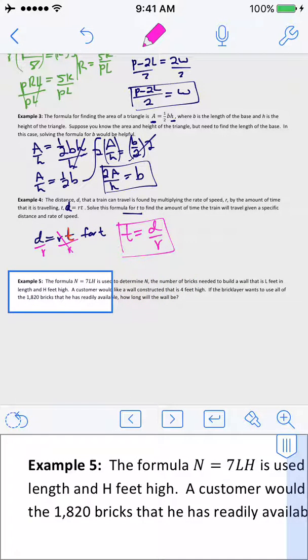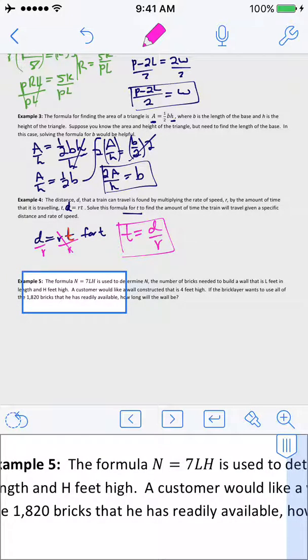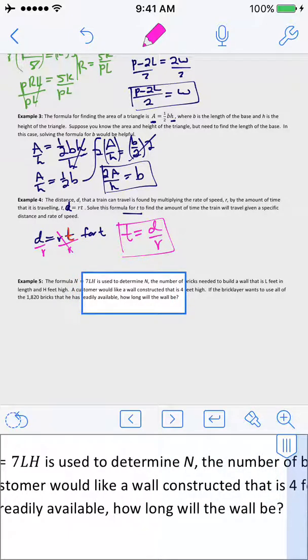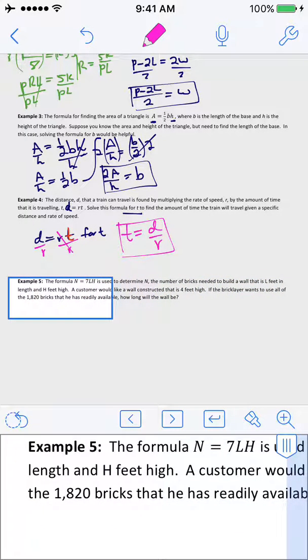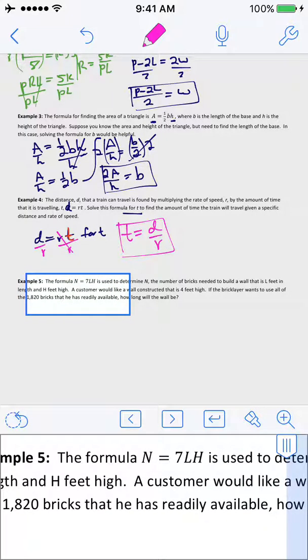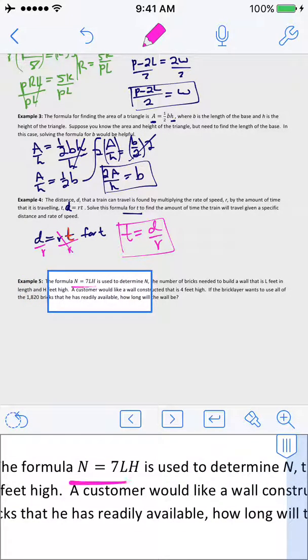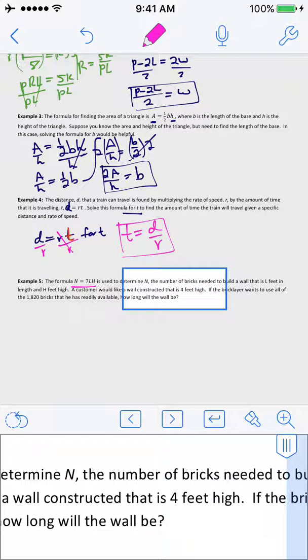One more. Example number 5. The formula N equals 7LH is used to determine N, the number of bricks needed to build a wall that is L feet in length and H feet in height. Just looking at this equation, I had no idea what that meant. N is equal to 7LH. Okay, what does that mean? Panic? No, it means keep reading, because usually 9 times out of 10, they will actually define things for you.